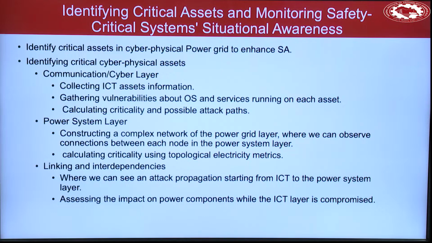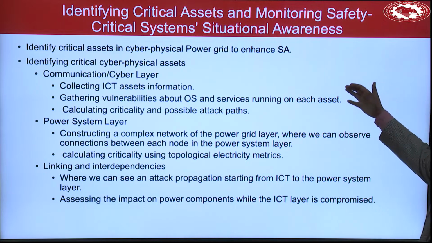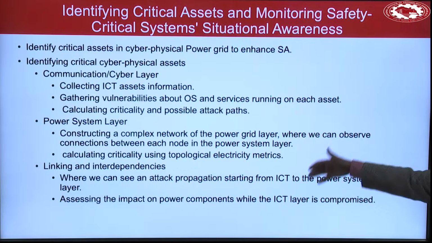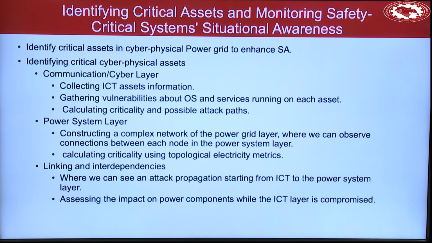Okay, so what we did is we came up with a framework to identify cyber physical assets that improves situational awareness. We look at the communication layer, we look at the power system layer, and then we try to understand the interdependencies between the physical and cyber layers.